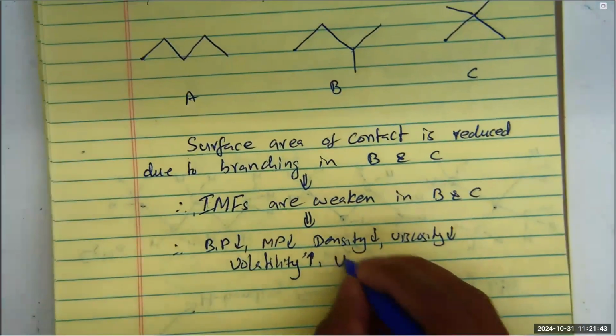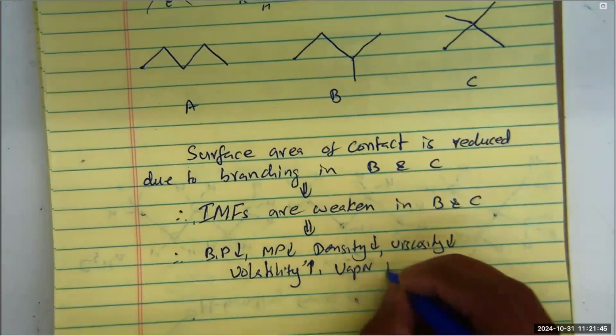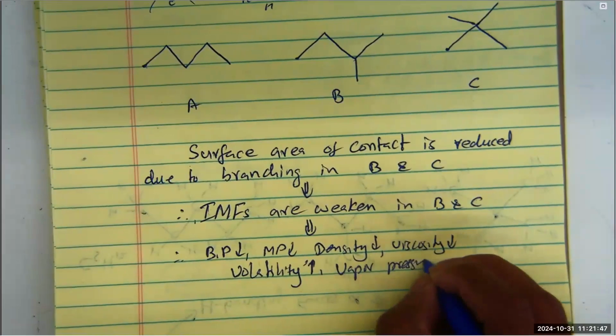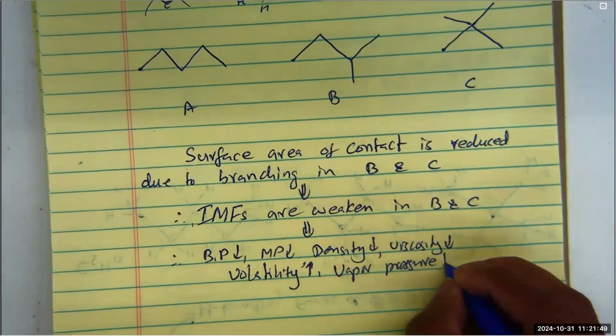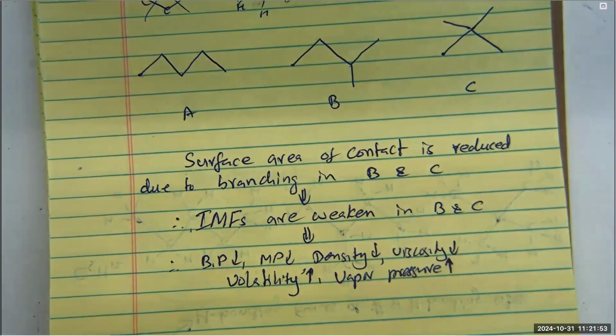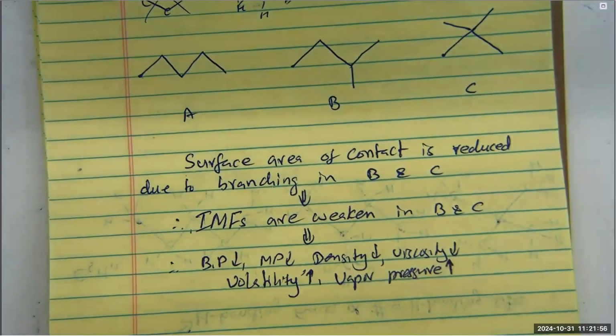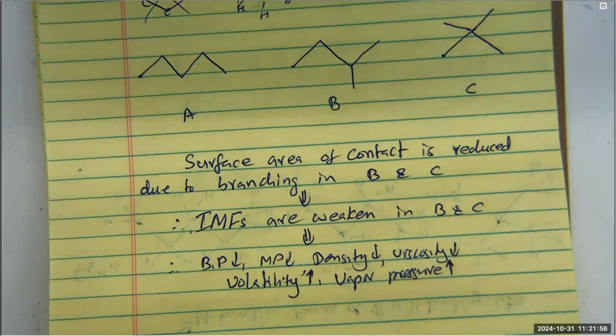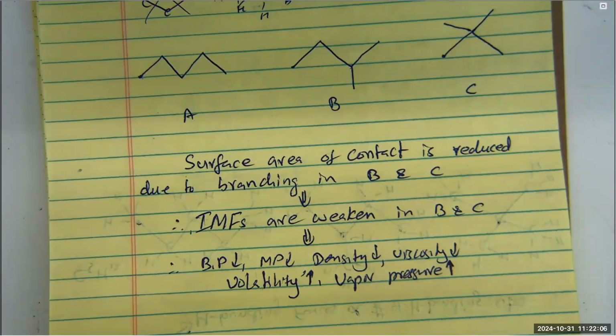And then vapor pressure will be higher as well. Why? It can easily go to the gas phase. You're going to find more of them in the gas phase. Therefore, you're going to have a higher vapor pressure in B and C compared to A. Especially C will have the lowest boiling point, because you have not just one umbrella, but two umbrellas sticking out, or two branches coming out, which are acting as barriers for the molecules to get closer to each other.